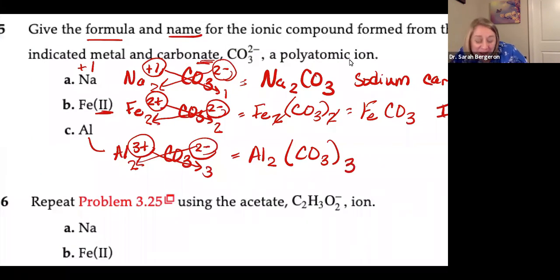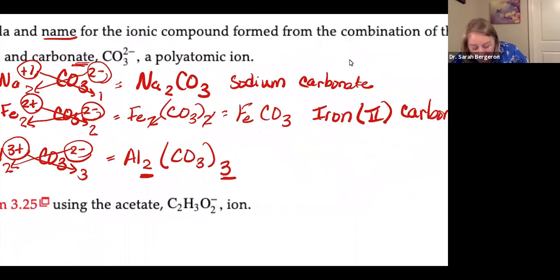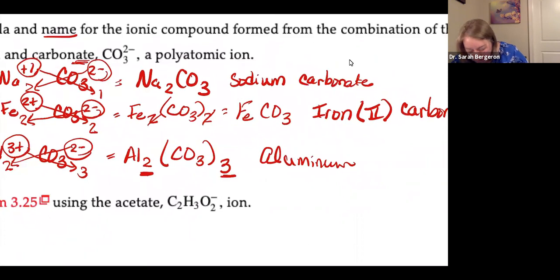I can't reduce that anymore because I'm looking at this subscript and this one, not anything in the parentheses. Don't go messing with anything in the parentheses. And I'm going to name it aluminum. Now be careful, aluminum. You want to pick the right polyatomic ion name. So carbonate.